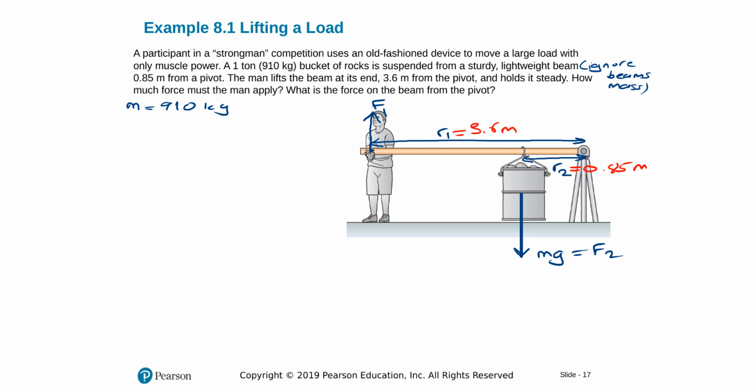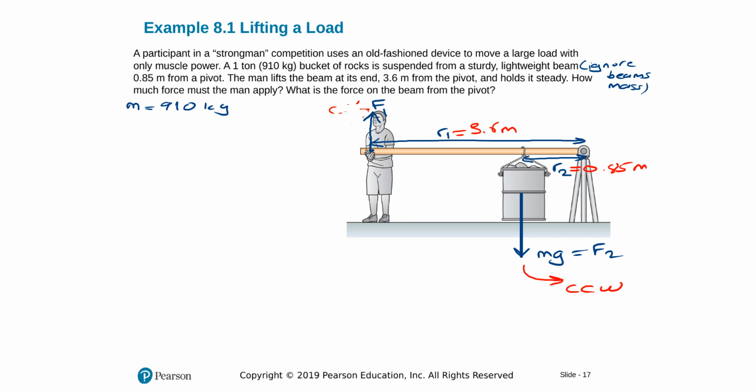So he applies his force 3.6 meters away. He holds it steady. That means the guy is trying to rotate the system clockwise here. And mg, the weight, is trying to rotate it counterclockwise. And these two torques cancel each other.